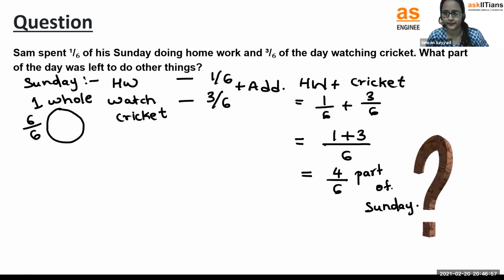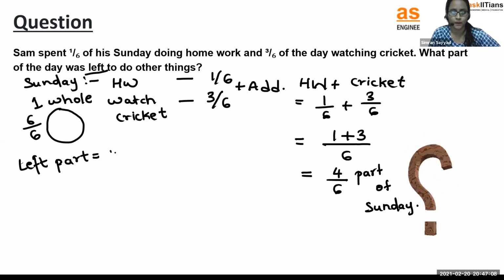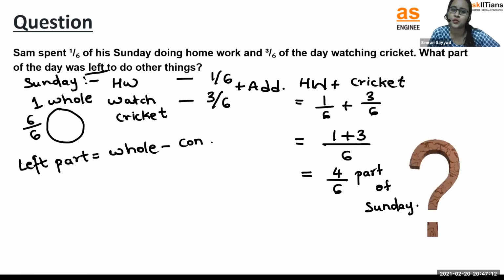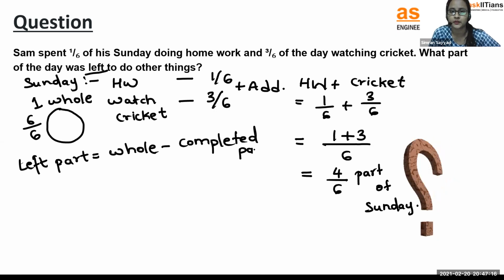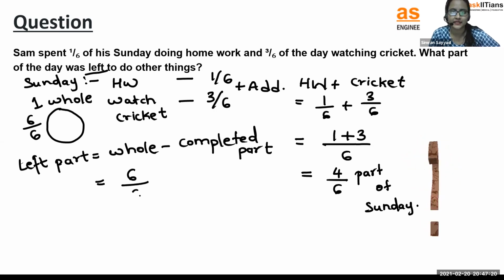Now I have to get the left part. For getting the left part, dear students, you have to consider the whole part, and minus the completed part. Yes or no? So what is my whole part? It is 6/6. Why have I taken 6/6? Why not 1?